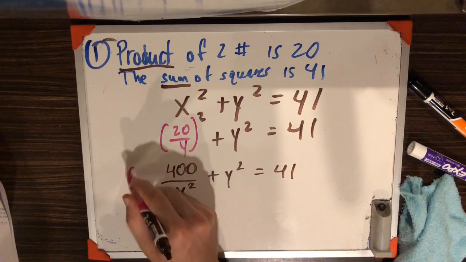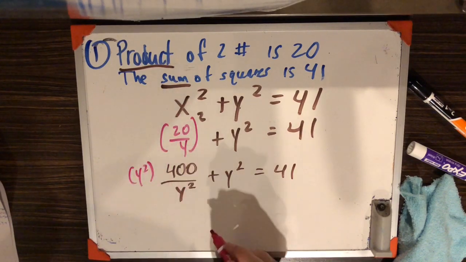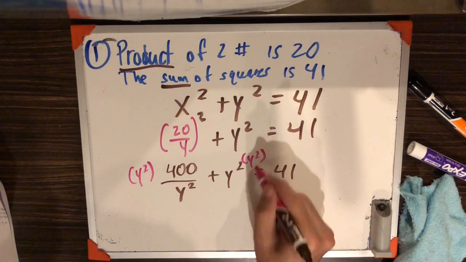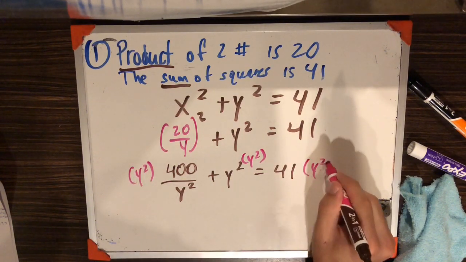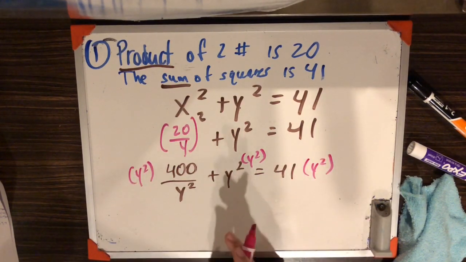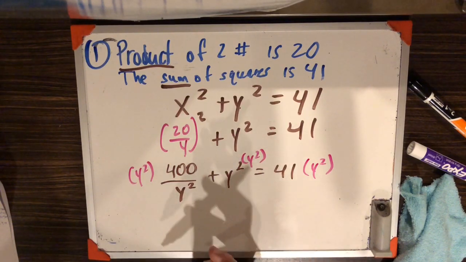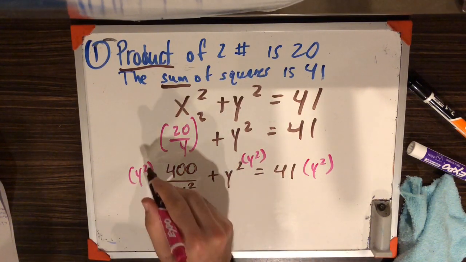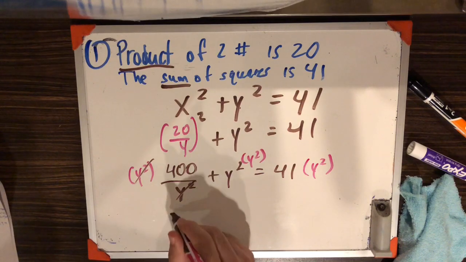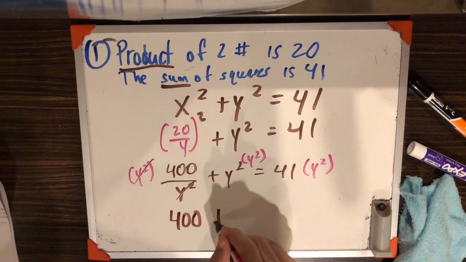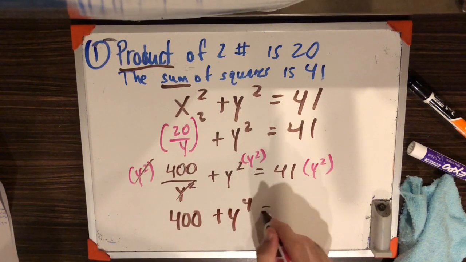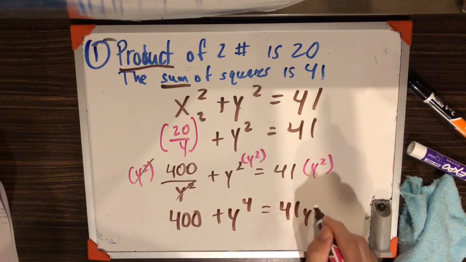So multiply by y squared, multiply here by y squared. Again, if I do something to one term, I have to do it to everything. It's an equation, so you do things equally. So this y squared ends up canceling out. 400 over y squared times y squared is 400, and y squared times y squared is y to the 4th, equal to 41 y squared.